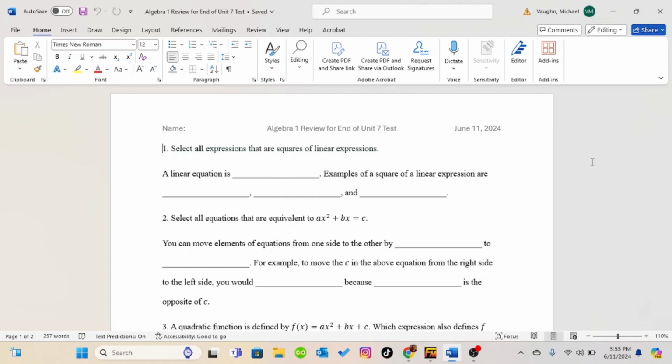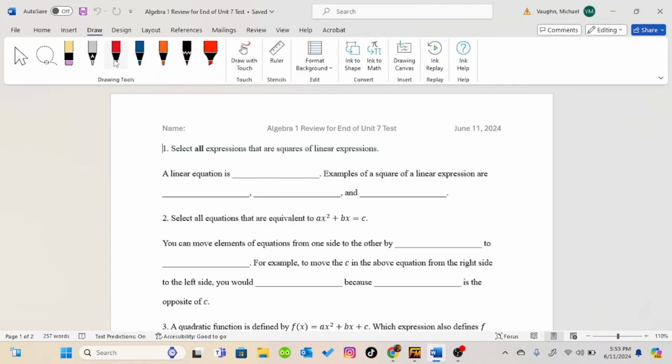The first thing we need to understand: they're going to ask you to select all the expressions that are squares of linear expressions. So first, you need to understand that a linear expression is x plus or minus some number.